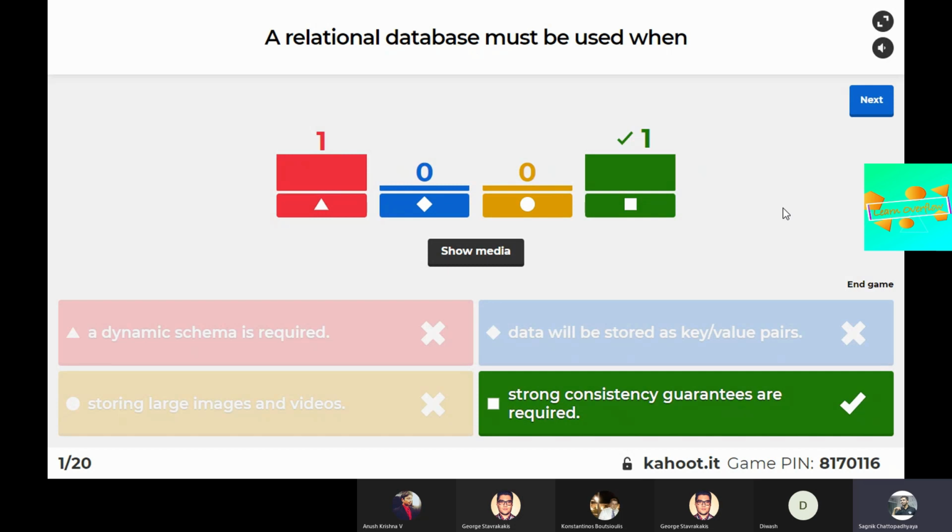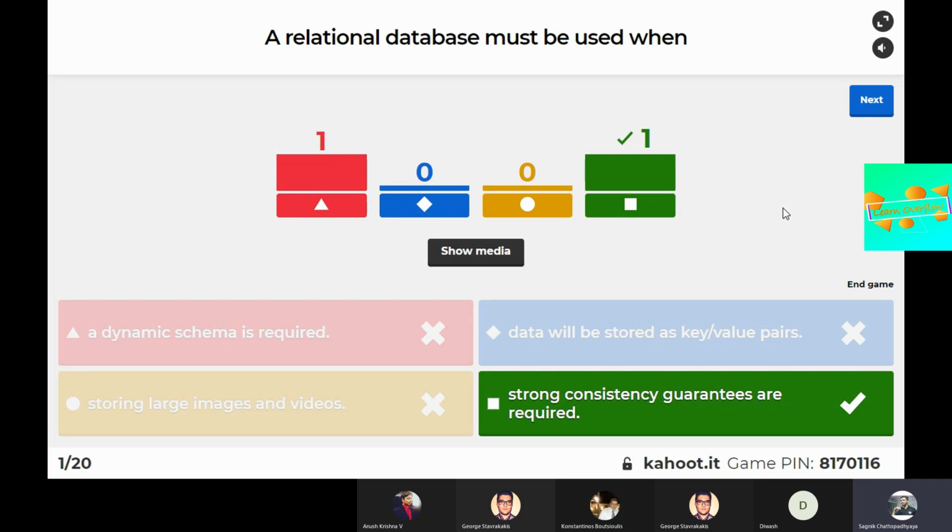Now, data will be stored as key value pairs. Whenever we talk about key value pairs, we are talking about semi-structured data, and relational databases are structured data. Talking about a dynamic schema, a dynamic schema is again a semi-structured concept.